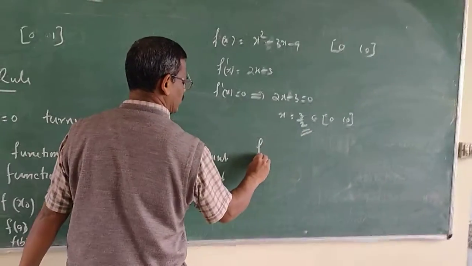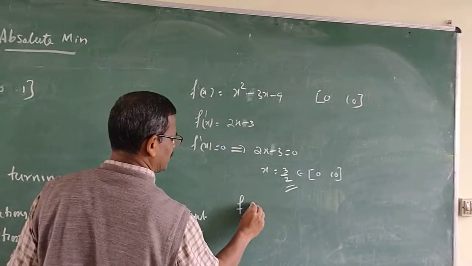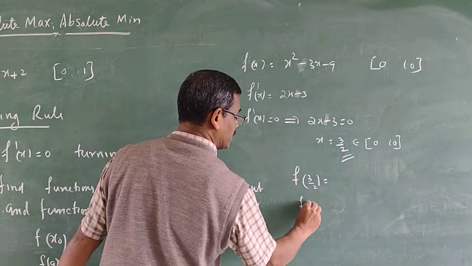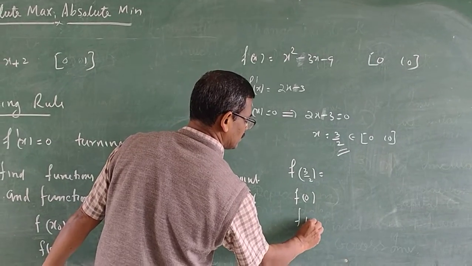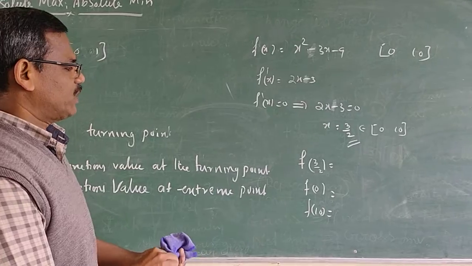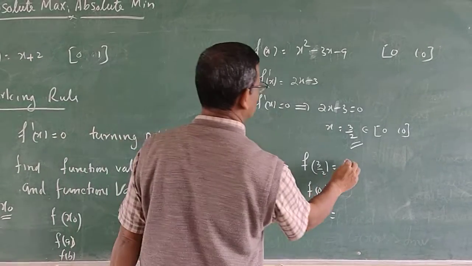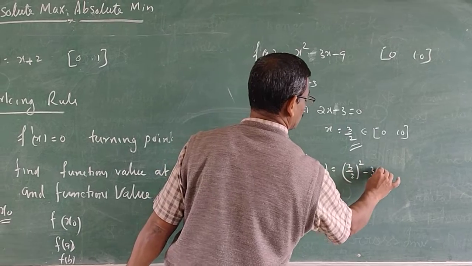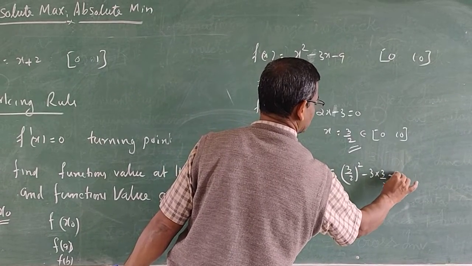So now we have to find the function's value at the turning point and the function's value at the extreme points. So what is the function's value at 3 by 2? It is (3 by 2) square minus 3 into 3 by 2 minus 9.